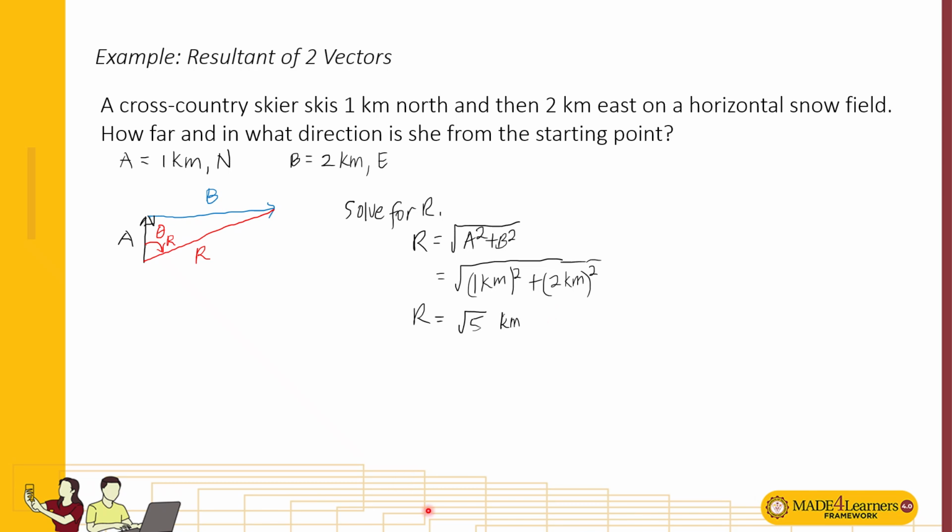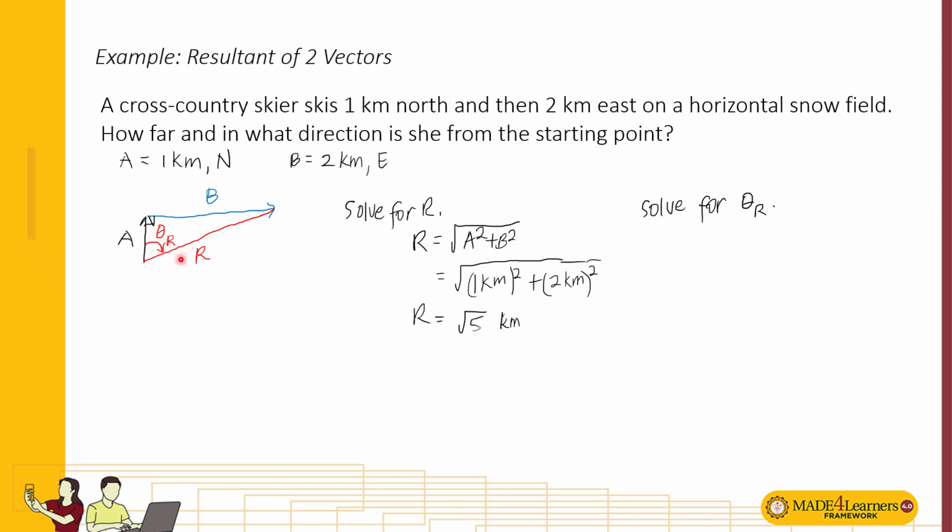And then we now solve for angle theta sub r. Ayaw sige memorize sa formula. You need to understand how the formulas are used, with of course your mathematical background being important.